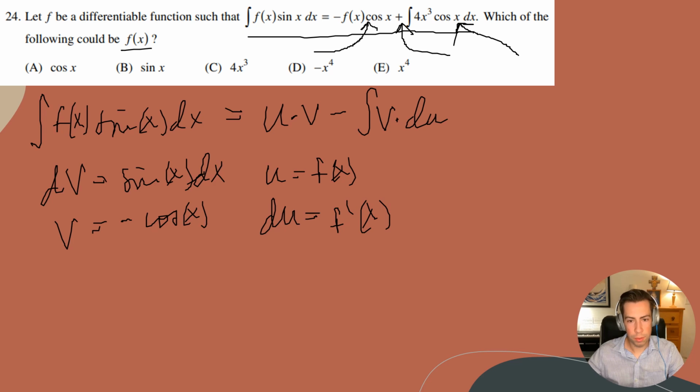So I will end up with f of x multiplied by negative cosine of x plus the integral, minus the integral of f prime of x, or you know what, hang on, let me give myself some more room here.